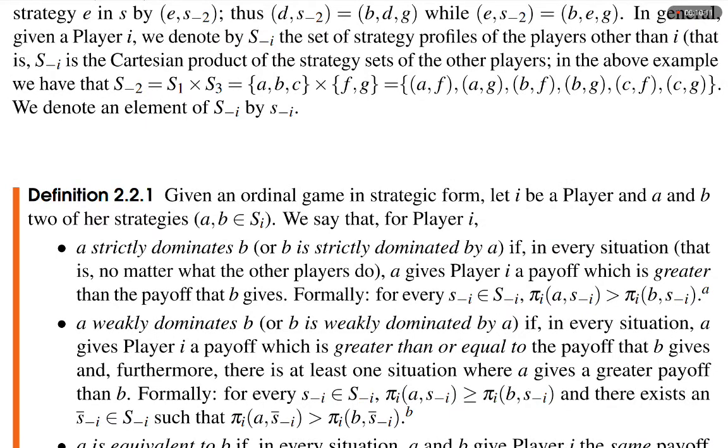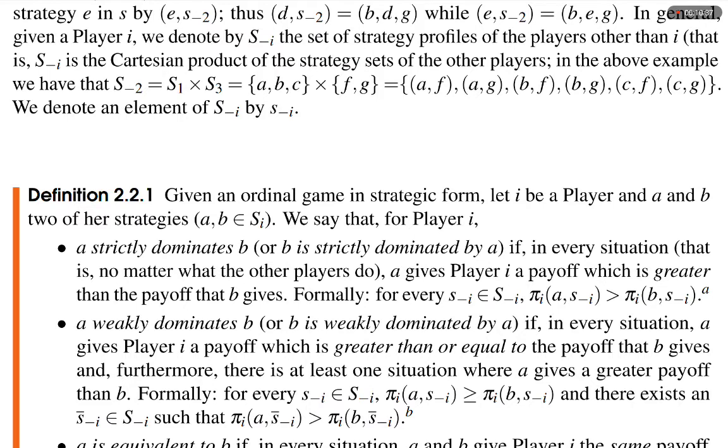Thus, (D, S sub negative 2) equals (B, D, G), while (E, S sub negative 2) equals (B, E, G).